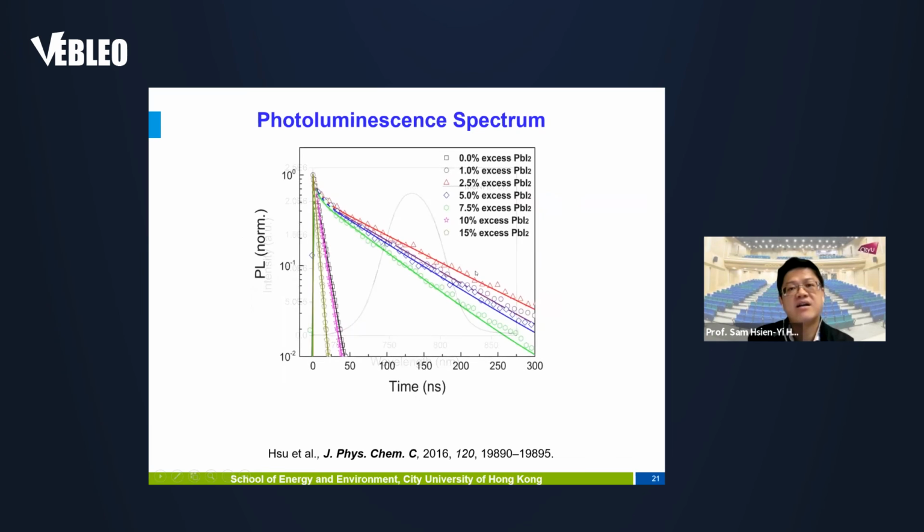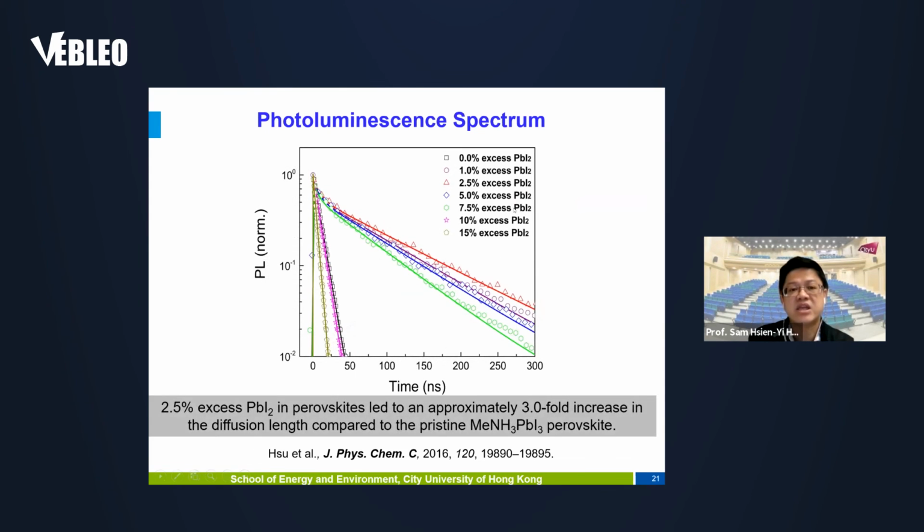We double confirmed by PEC, and by photophysical characterization we again confirmed that 2.5% excess lead iodide shows the longest diffusion length compared to the pristine hybrid perovskite.